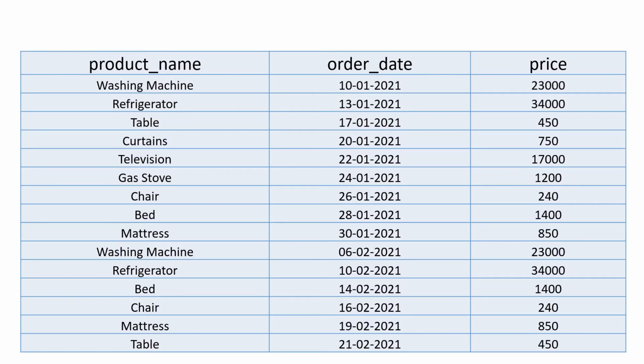So, now you can see that our result contains all the results where date is greater than 15th of January, or price is greater than 2000. It includes both results, because the OR operator returns all the results which satisfy at least one condition.